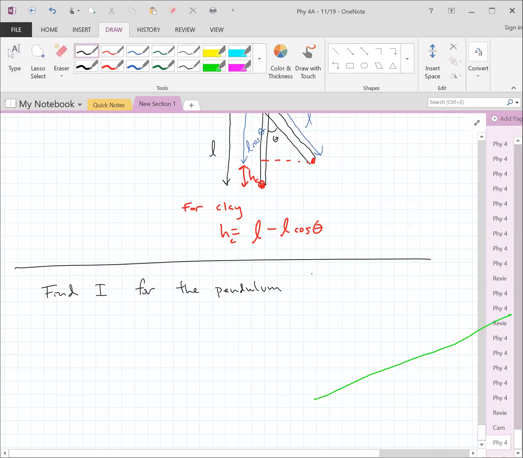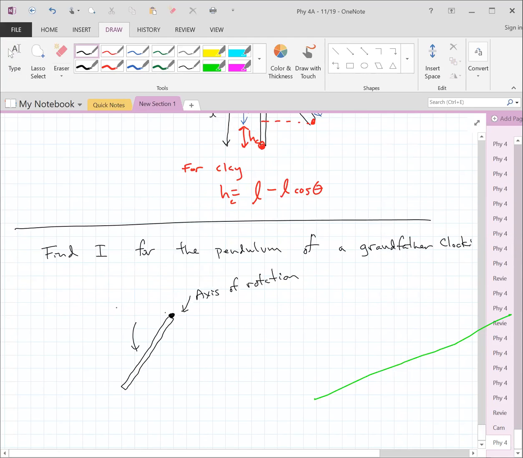For the pendulum of the grandfather clock. So it looks something like this. Here's our axis of rotation. And we've got a rod, a thin uniform rod.